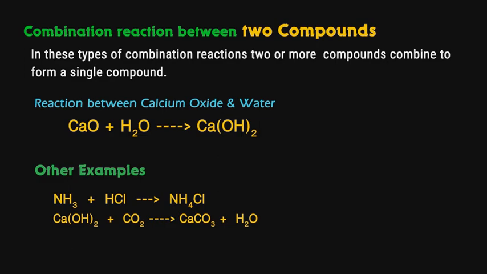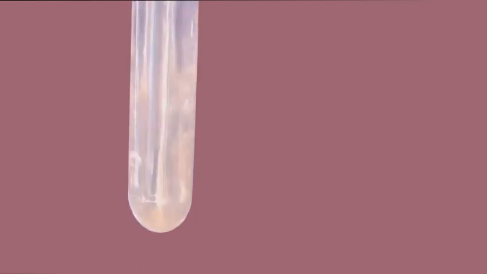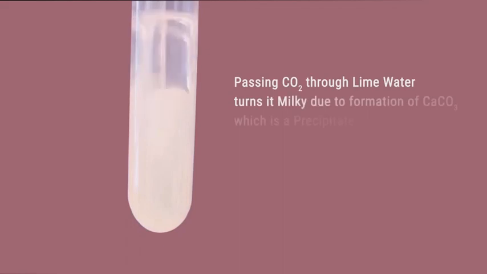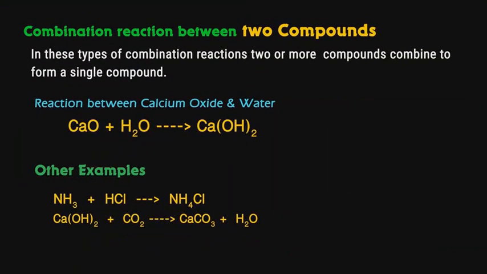When carbon dioxide gas passes through lime water, that produces calcium carbonate and water. So here is the reaction, and the equation: calcium hydroxide plus carbon dioxide gives calcium carbonate with water.